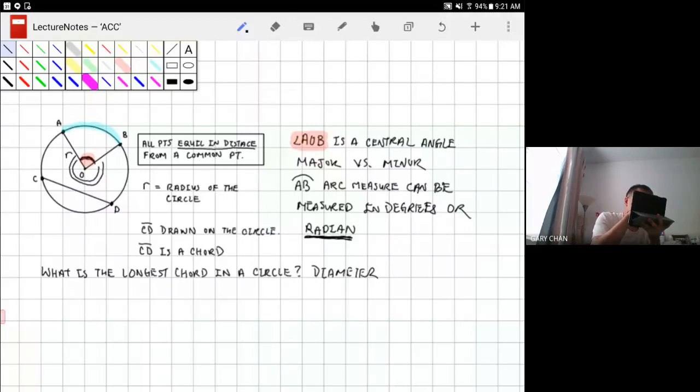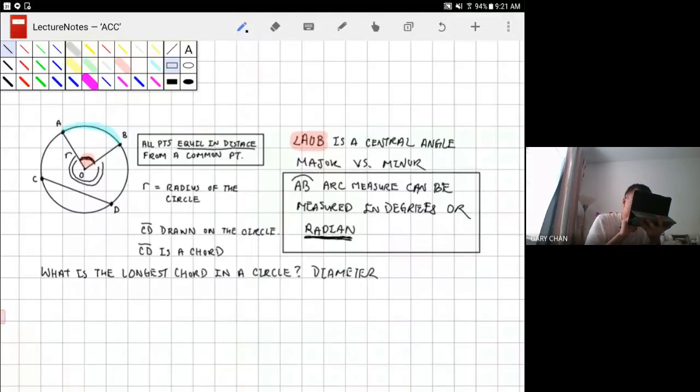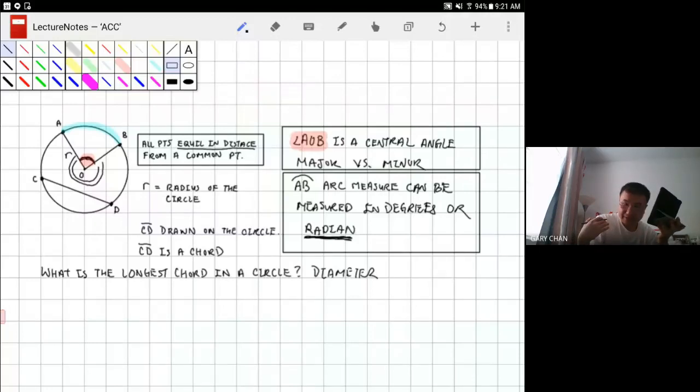So just so that we're clear with the terminology, that AB there is described as an arc measure, and AOB here is described as a central angle. Similarly, arc AB, you can think of in a very similar manner in terms of major and minor.